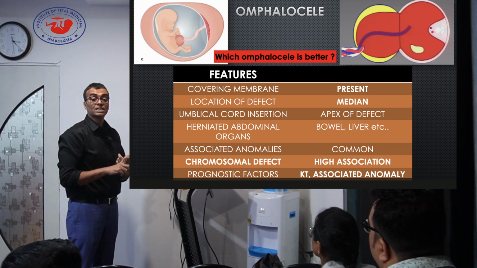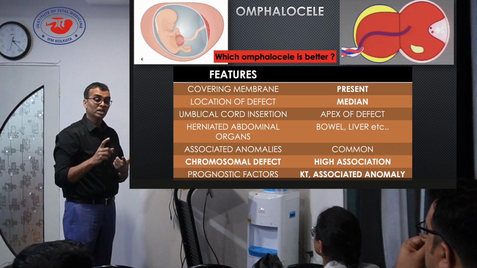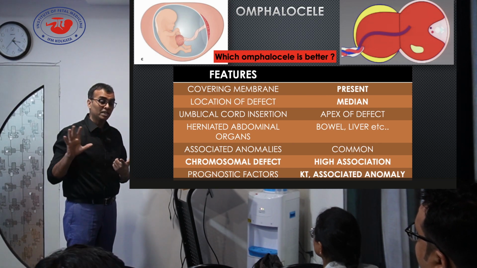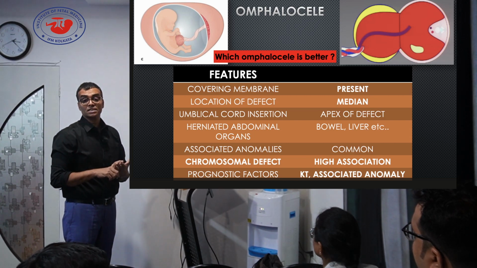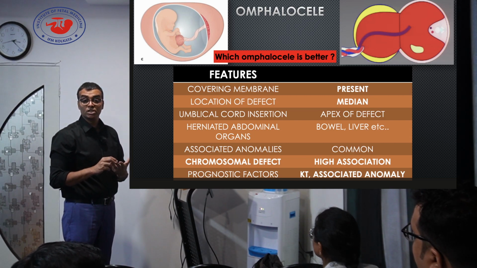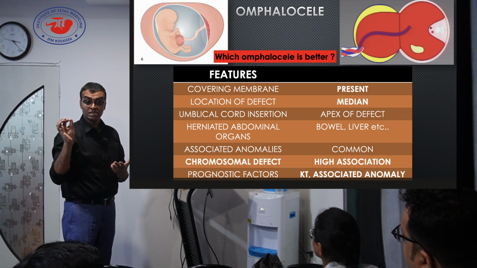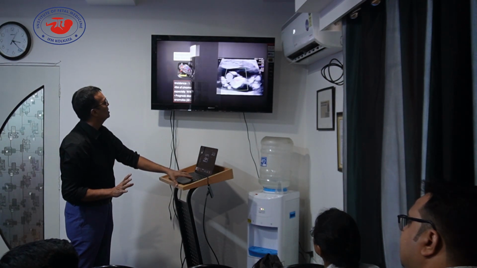One, omphalocele is associated with other structural abnormalities, so we have to look in detail at the entire anatomy of the fetus. And second is the genetics, because they have a very high association with chromosomal as well as monogenic disorders, the syndromes.